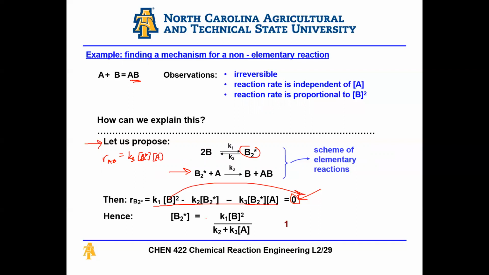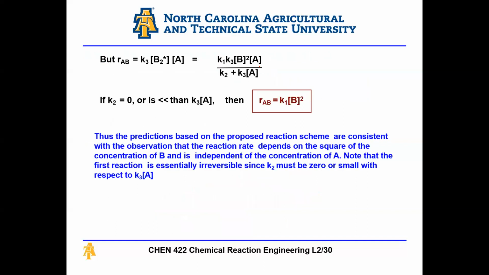However, I already derived an expression for B2* right here, so I plug this expression into my reaction rate equation for AB. When I do that, I get R_AB equal to k1 k3 B squared multiplied by A, divided by k2 plus k3 multiplied by A.